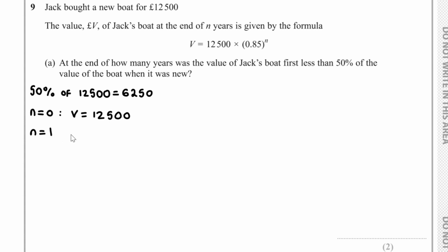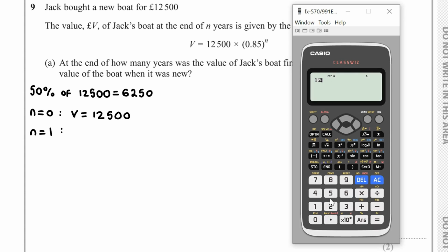When n equals 1, if we work out what V is, we've got 12,500 times by, well, here what we can actually do is create a table. Here we've got 12,500 times by 0.85 to the power of, well, here we'd have x.